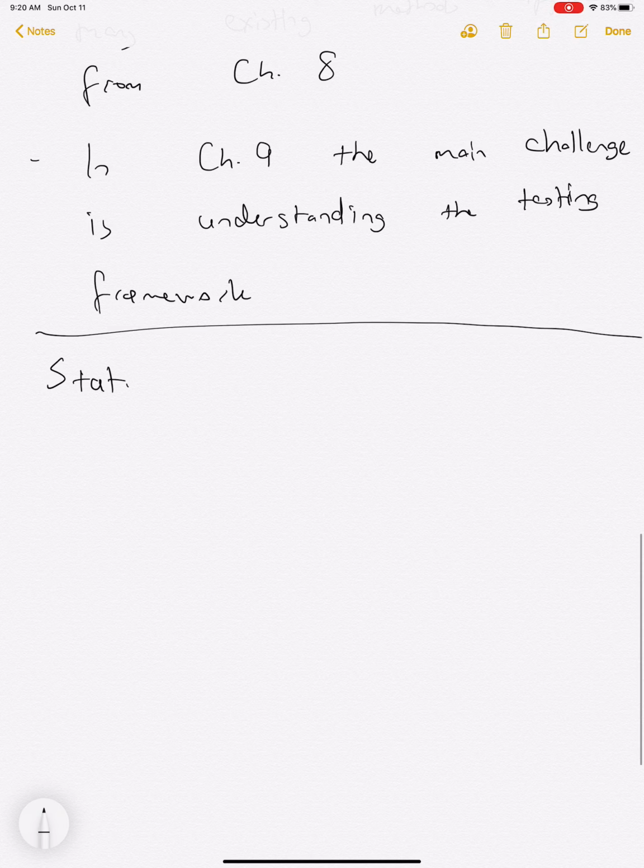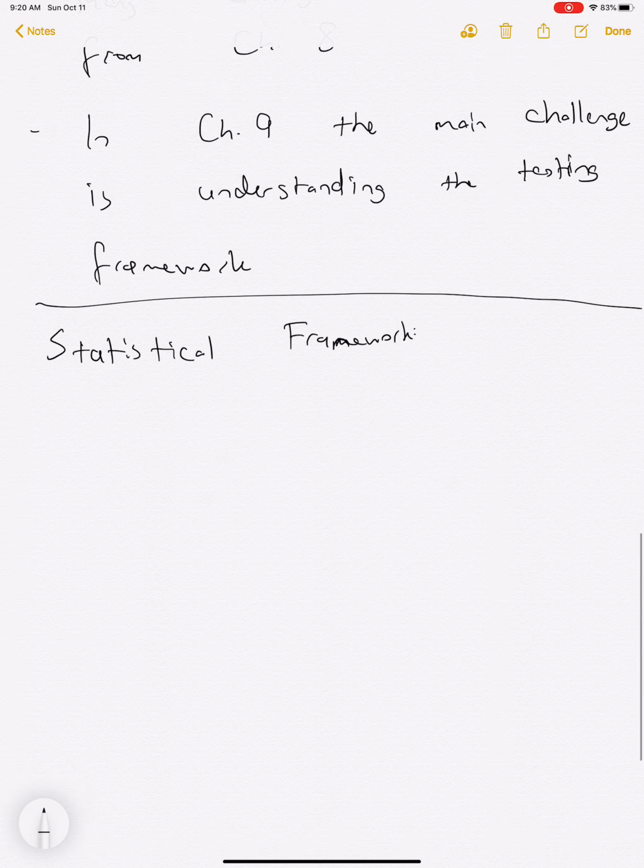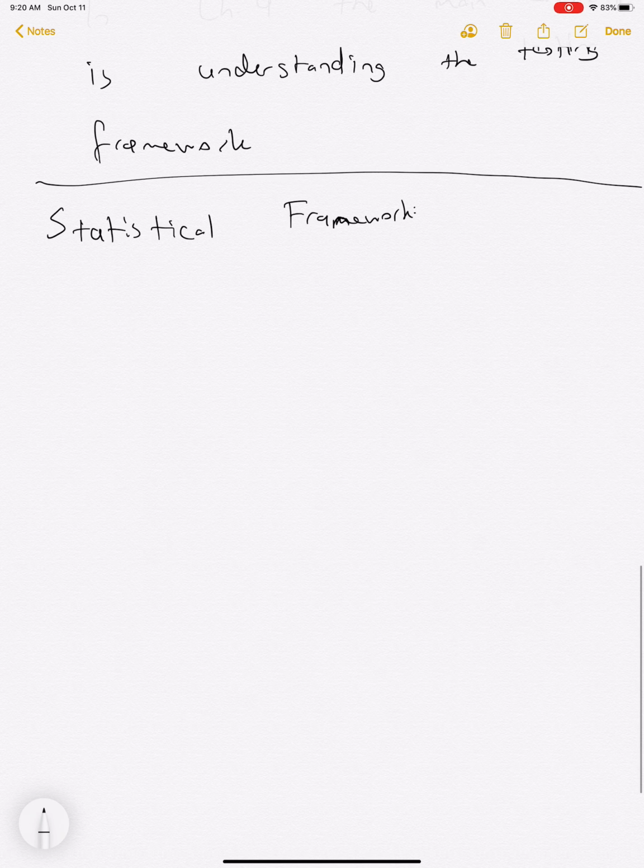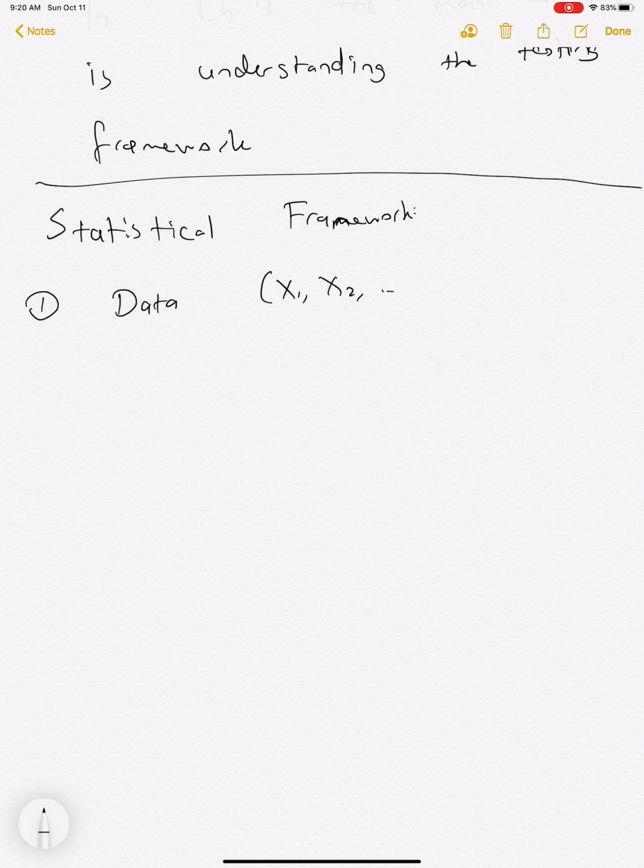Like I like to do at the beginning of topics, I'm going to discuss how chapter 9 fits into a statistical framework. In our general statistical framework, our data is from some sample x1 through xn.